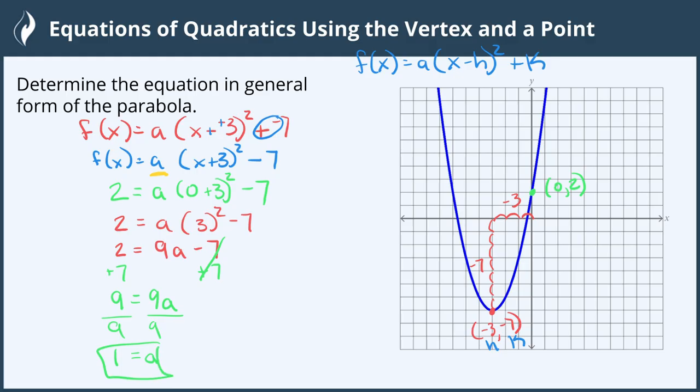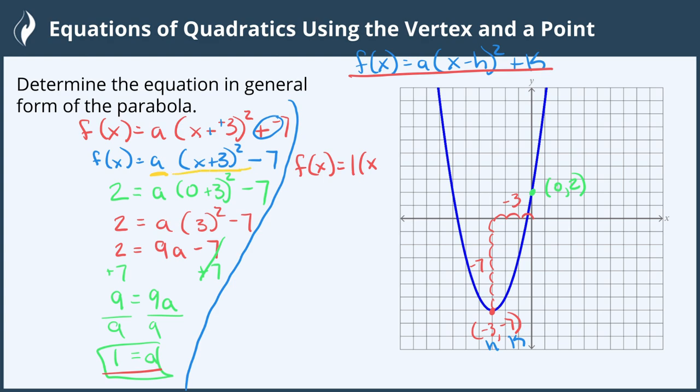And we can substitute that back into our vertex form. We need a little room to calculate that out, so I'm going to block that off, and we end up with our equation f of x equals a, which from our vertex form we know a is 1, so we have 1 times (x minus h), which we already found from our vertex.